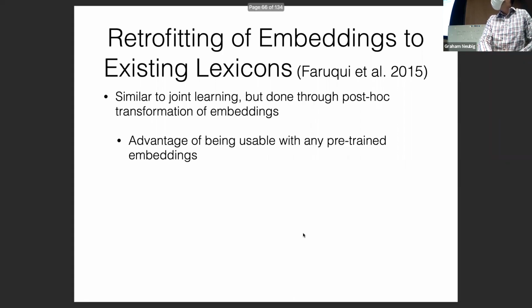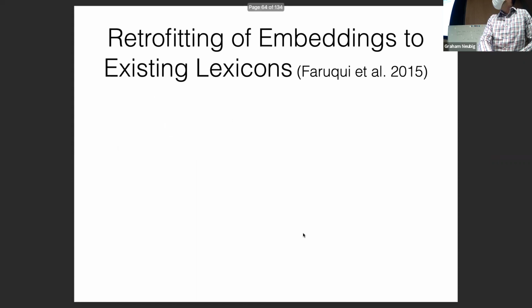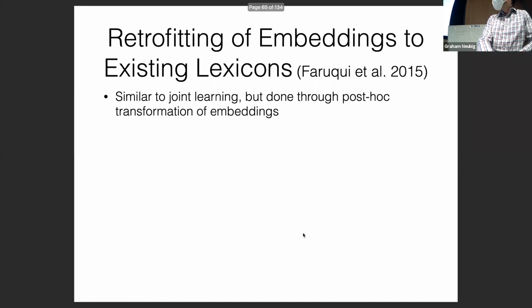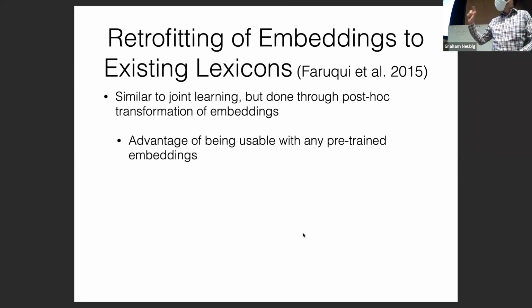But basically, the way this works is we have a data set from which we can learn embeddings, or we have a set of embeddings. And then we also have a knowledge base that specifies particular relations. And what we do is we take these embeddings and we post hoc convert them into something that's more congruent with the structured knowledge source that we have.